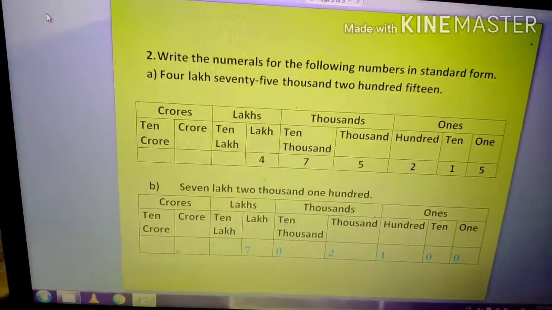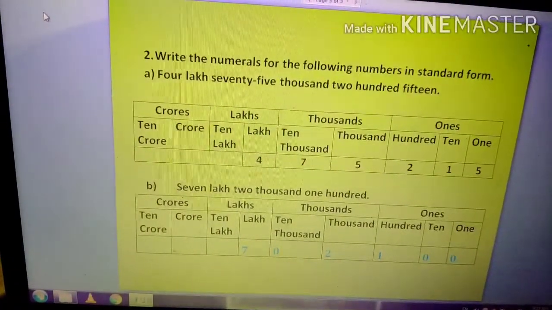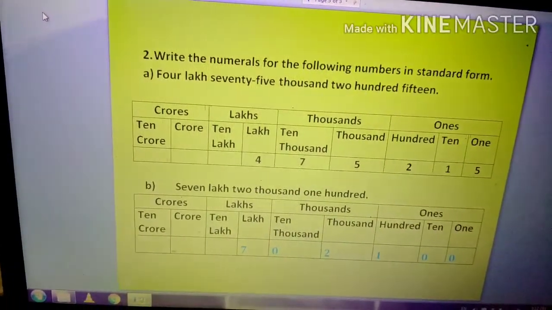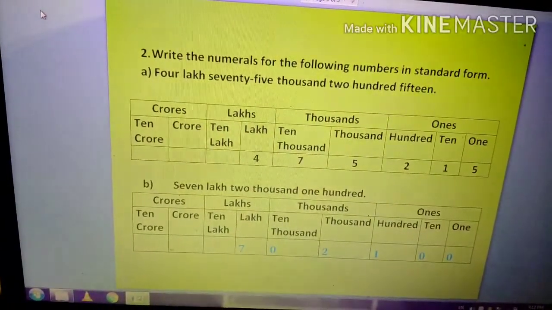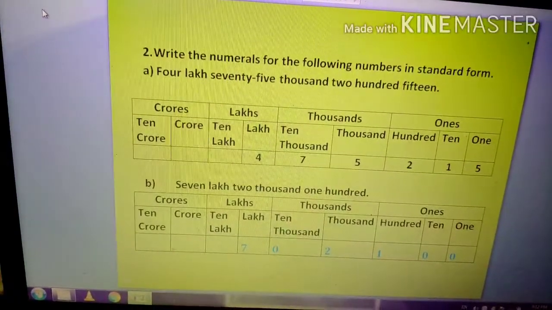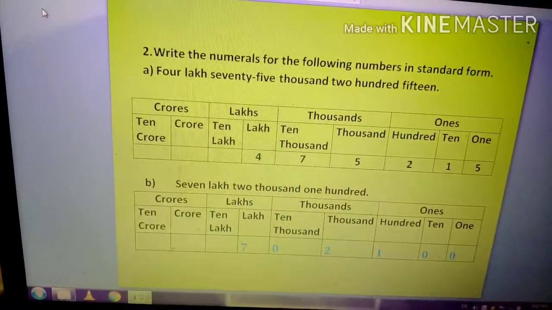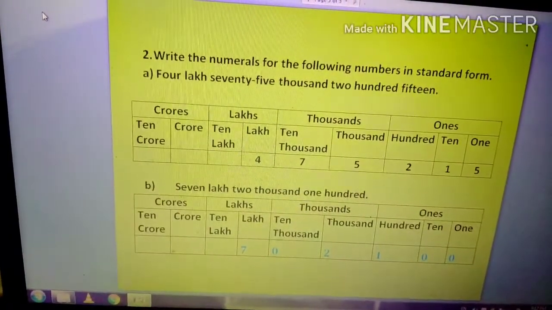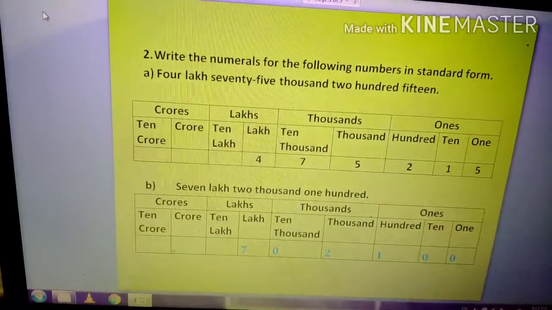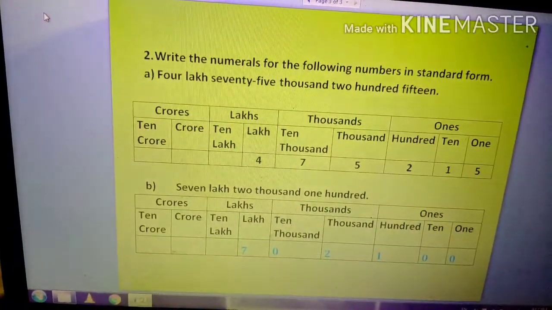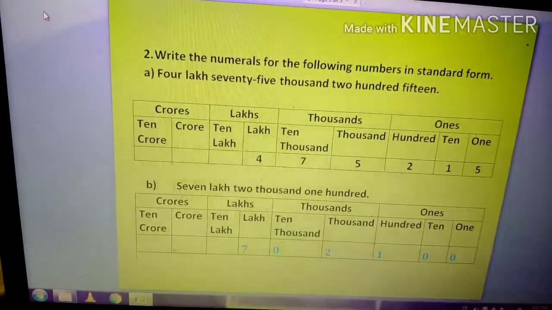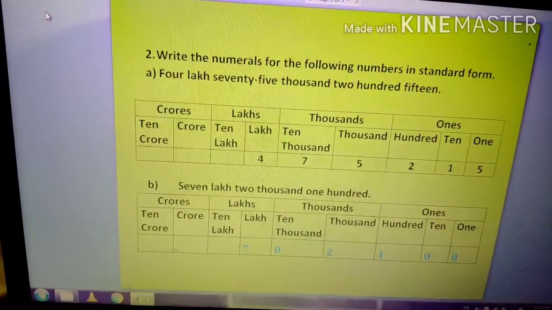Then 2,000, put 2 in 1000 place, in thousands period. Then 100, put 1 in 100 place in ones period. But in 10,000 place, 10 place and 1 place, there is no indication, so we put 0 in those places. In that way, we solve question B.